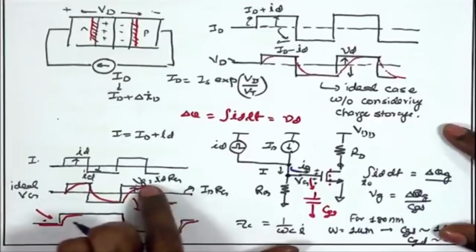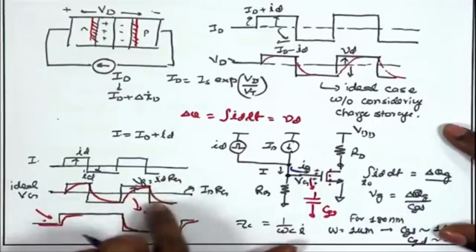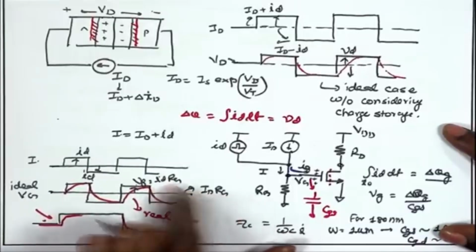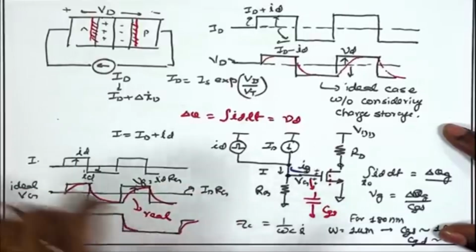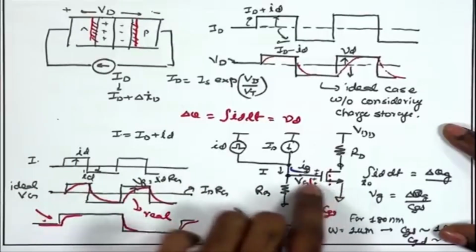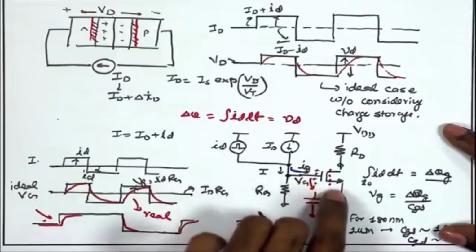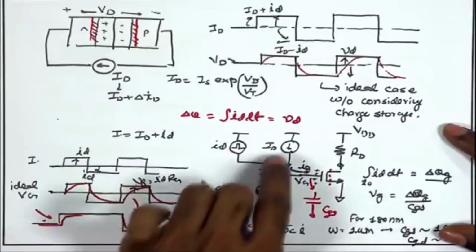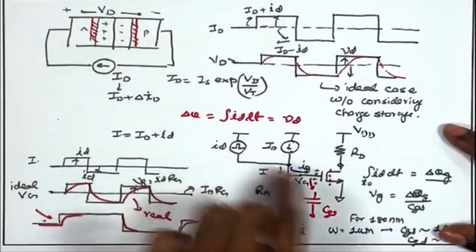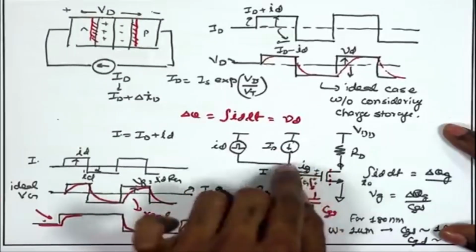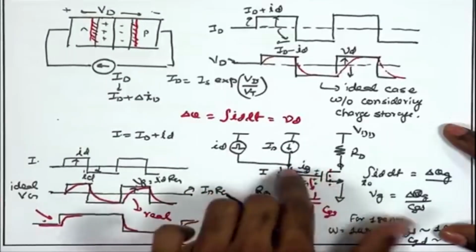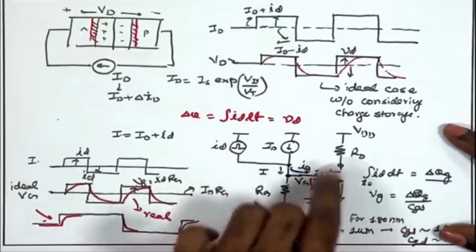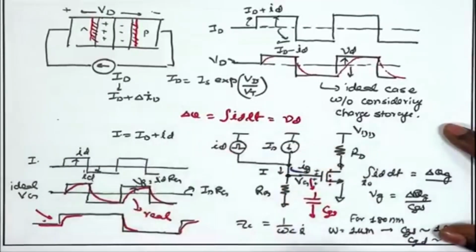For long duration, if I apply this additional ID, the final value should settle to ID RG plus small ID RG, but that additional voltage will mandate more positive charge on the gate and more negative charge in the channel. And that means that initially when you are increasing the ID to ID plus delta ID, some amount of the current or some amount of the positive charge will be stolen by this gate to increase the positive charge count and hence increase the voltage. It will not happen instantaneously.